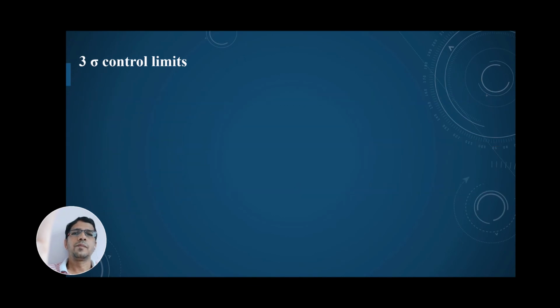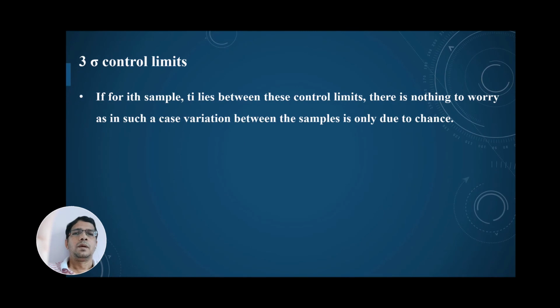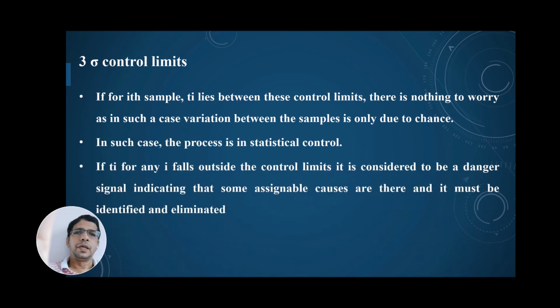And if for the ith sample Ti lies between these control limits, then we will say that the variation is because of chance causes and there is nothing to worry. But if Ti falls outside the control limits, it is considered a danger signal indicating that some assignable causes are there and they must be identified and eliminated.